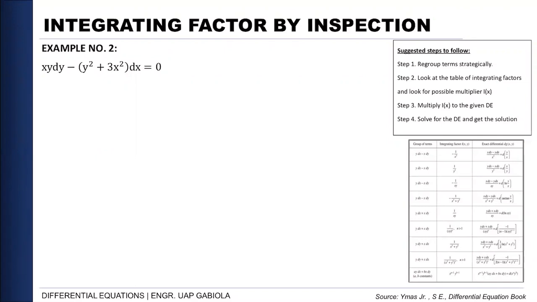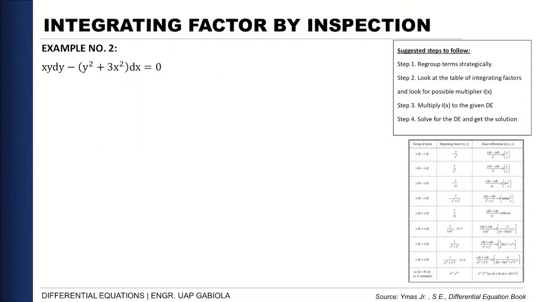So based from our example number 1, we did not use yung table of integrating factors natin, ano? So it just proves na yung table of integrating factors natin is not always the solution for our problem to make it easier, or to make it solvable.